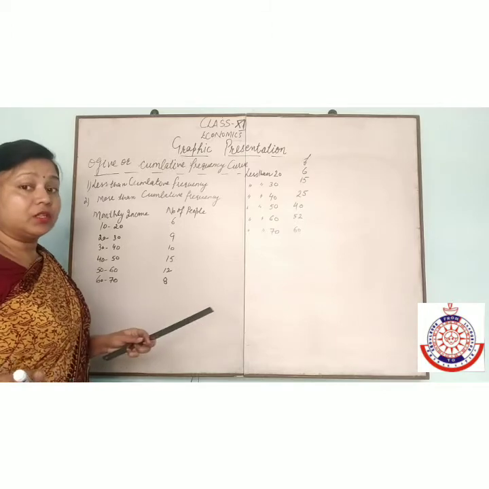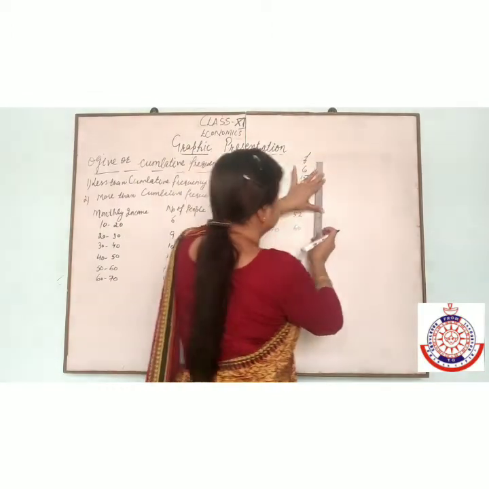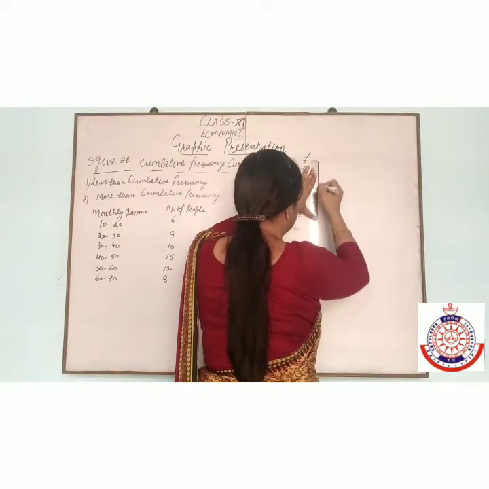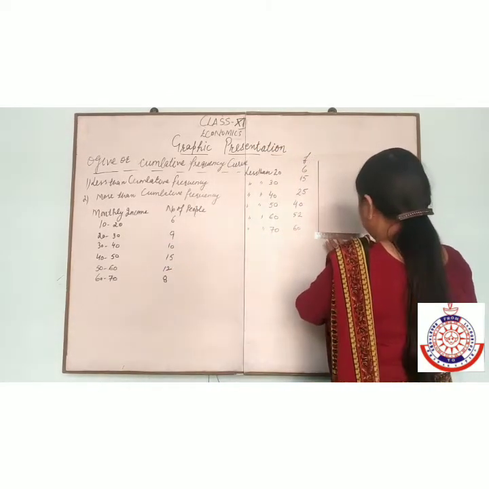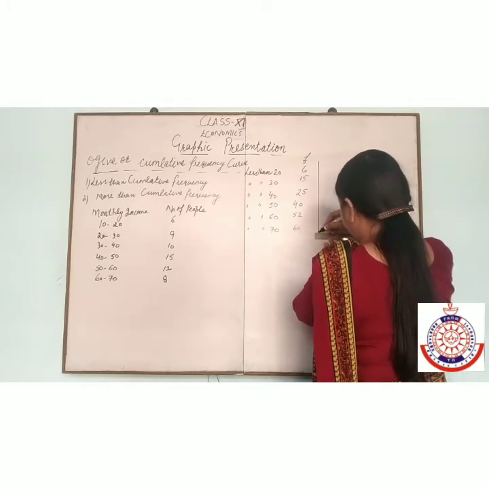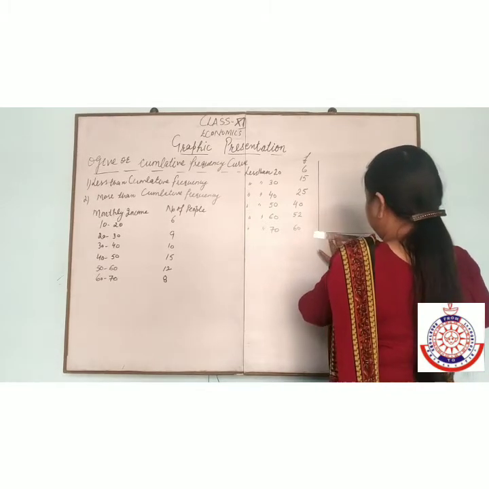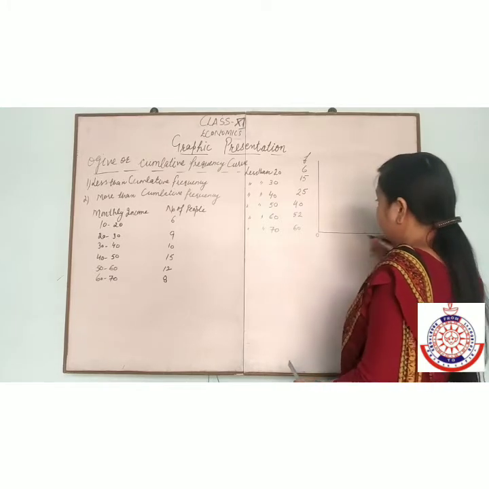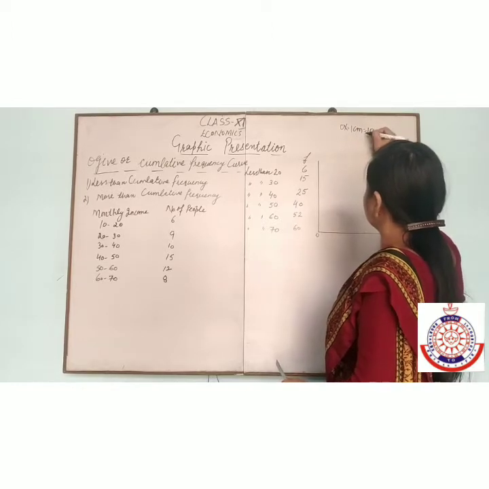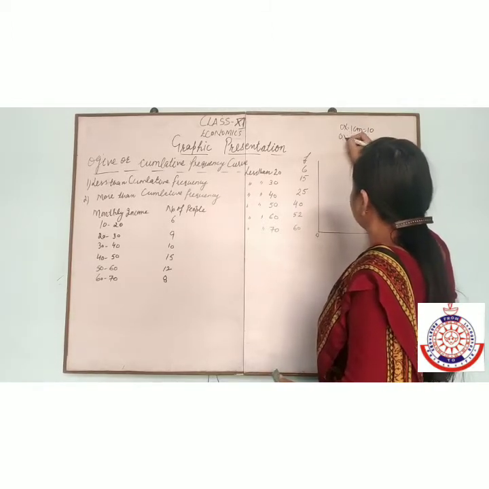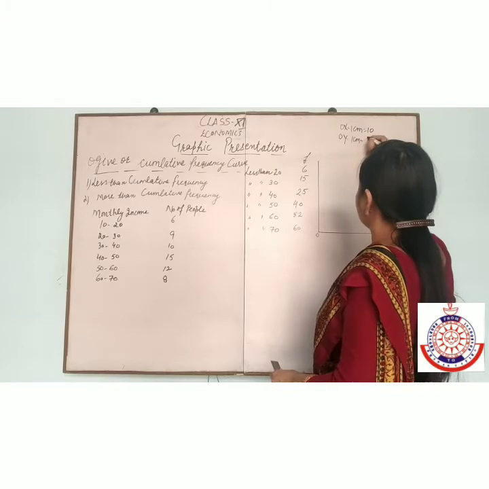Now how can we draw this diagram? First we will take the OX axis scale: 1 centimeter is equal to 10,000, and on OY the maximum is 60, so the OY scale is 1 centimeter equal to 10.